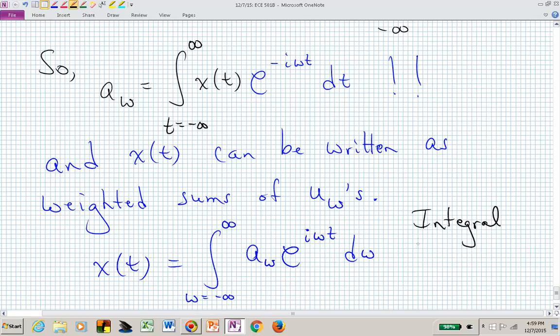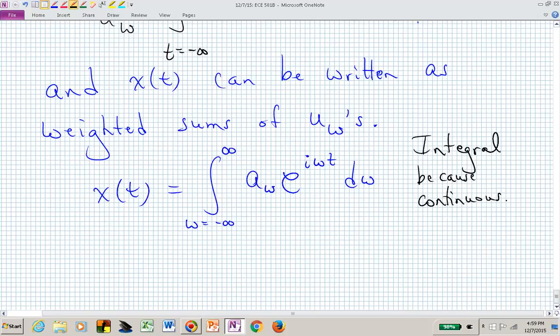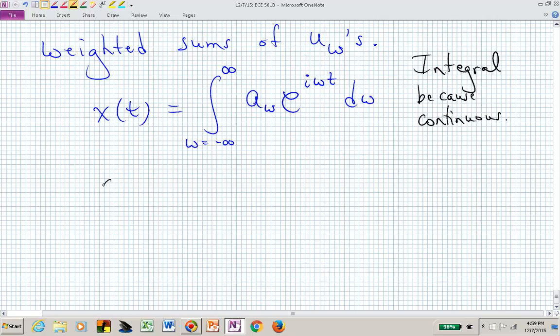That was an integral because we were continuous. Where the finite dimensional case, let me just put that in parentheses, we had v, this vector, an arbitrary vector. Here our arbitrary function is x. In the finite dimensional case, we had an arbitrary vector v, which was this sum from i equal 1 to n, a sub i, e sub i.